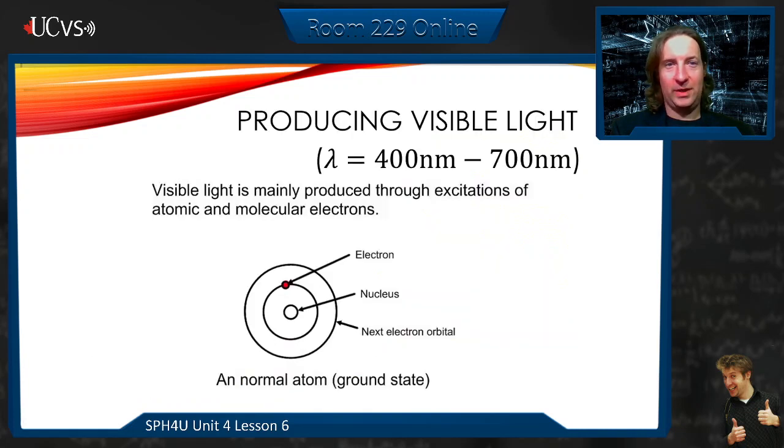Visible light we can produce mostly through atomic excitations. And what we mean by that is bouncing electrons that exist in our atoms around the different orbitals. So let's say here, hydrogen. It has an electron, and it's in what we call the ground state. This is the electron orbital in which it normally exists.